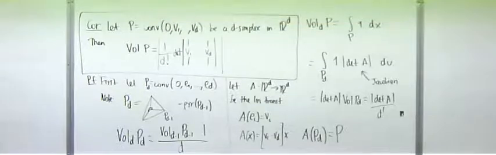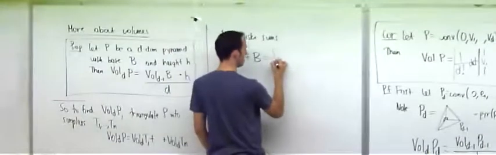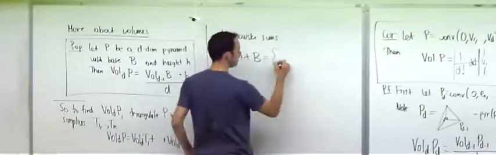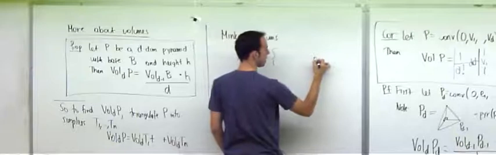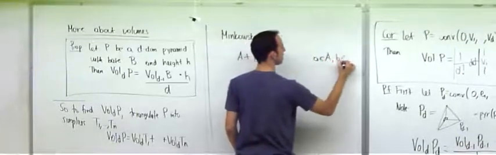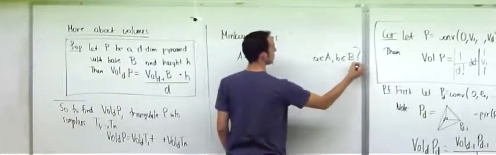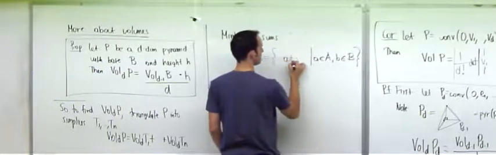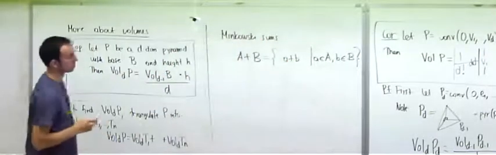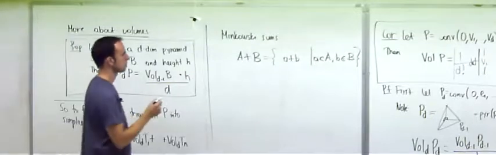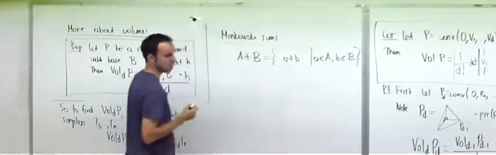We said that if you have two polytopes A and B, let's say, then the Minkowski sum is obtained by looking at all the ways of taking a point in the first polytope and a point in the second polytope and adding them. Okay, so we discussed this already.